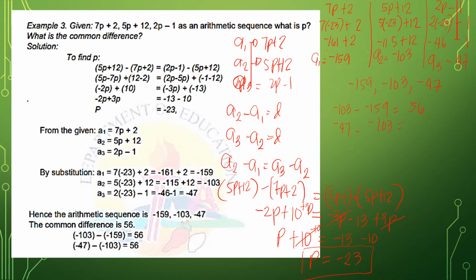And for negative 47 minus negative 103, this is also equal to 56. So, the common difference is equal to 56. So, these are now the answers. P is equal to negative 23 and D is equal to 56.